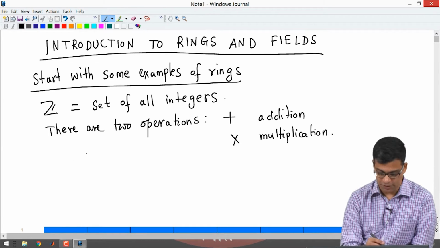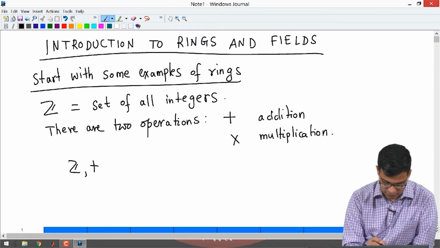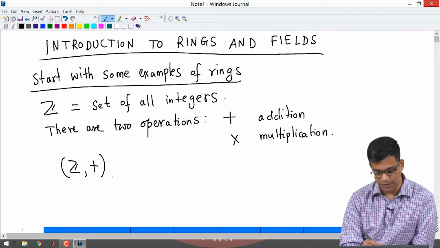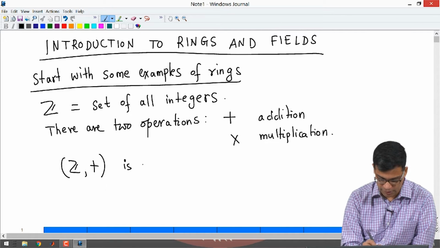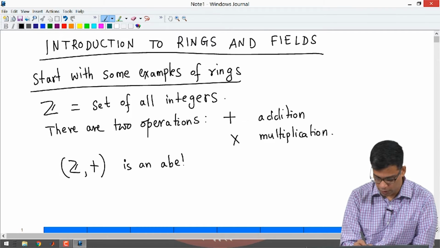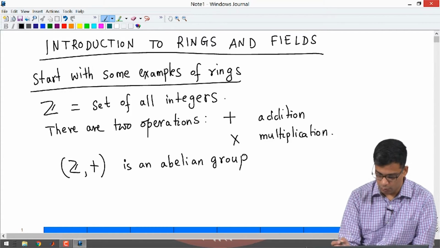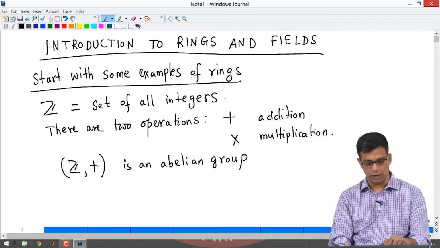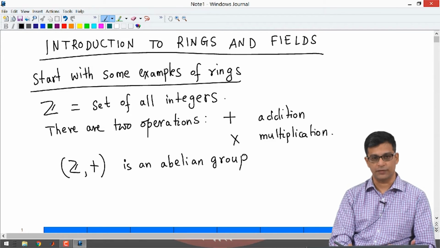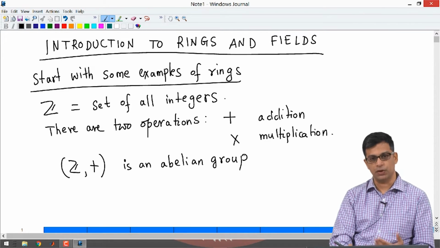With respect to these two, what are the properties of Z? Z comma plus, the set of integers with addition, is an abelian group. This is something that you would have seen in a course on group theory. The operation is closed on the set of integers, meaning you add two integers, you get another integer.